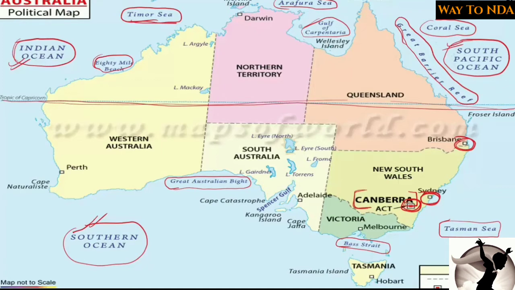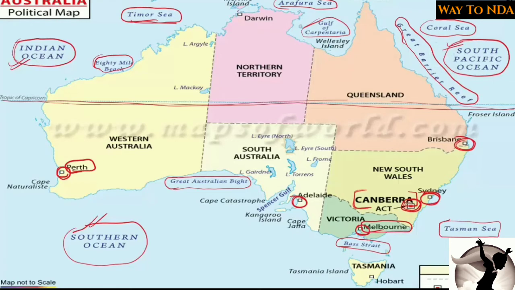And then in the south you will find Melbourne. Again a very important city of Australia. Okay, then this is Adelaide, also an important city in Australia. Then this is Perth, again an important city in Australia.